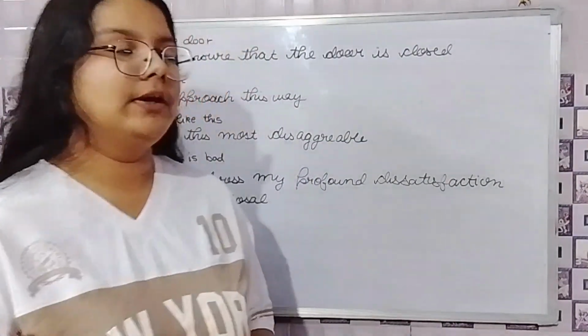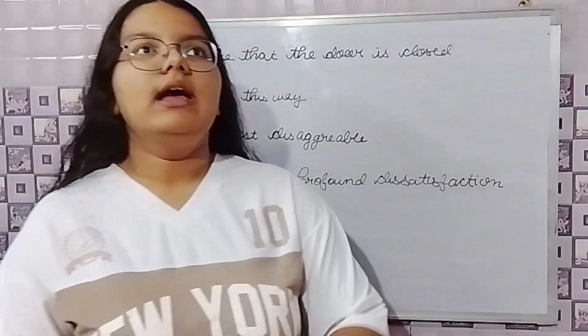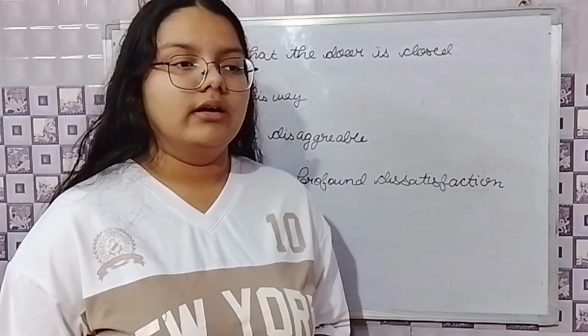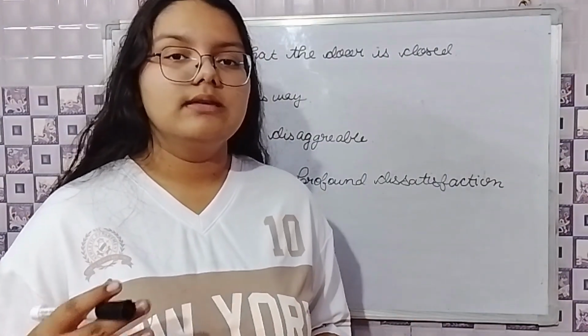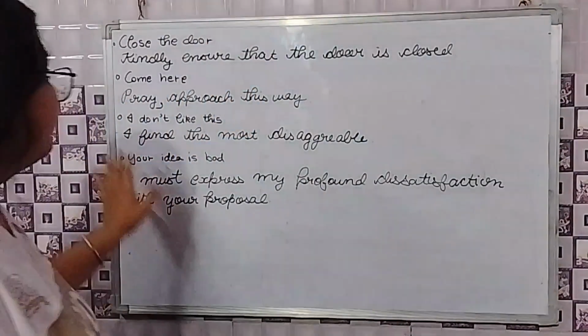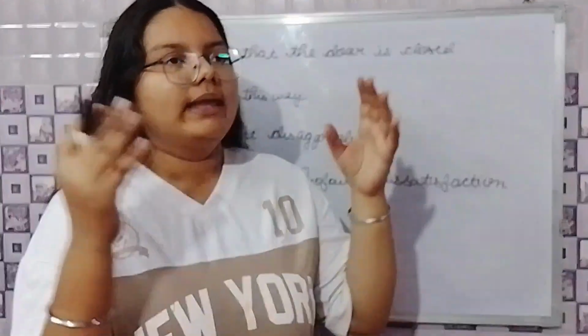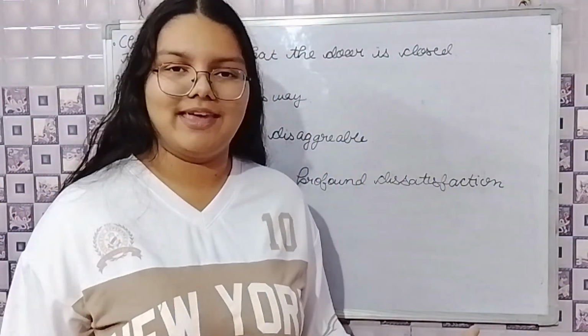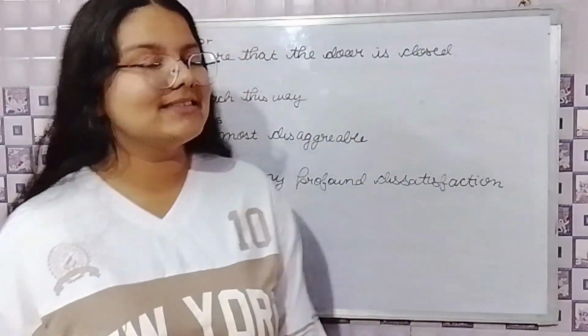Pray. Again, as I told you, please listen to "pray." And sometimes when we want to express something, not agreeing with someone, we can use "pray" also. Like, "Oh my God, come this way now." "Pray, approach this way." See the conversion of sentences?